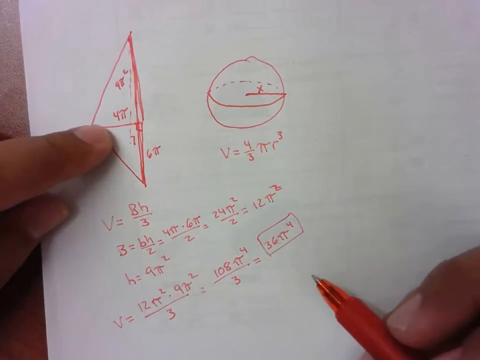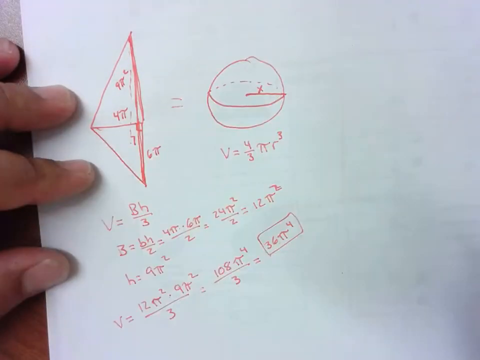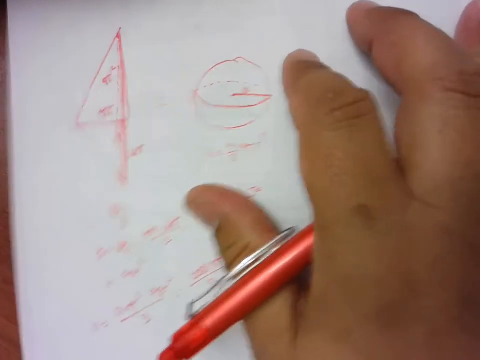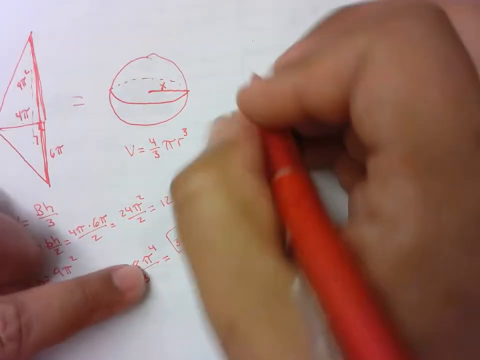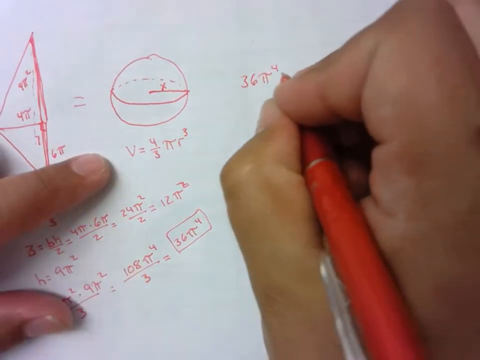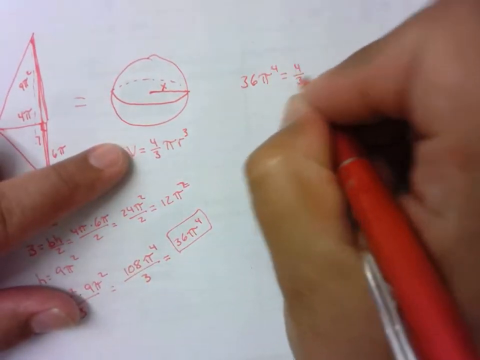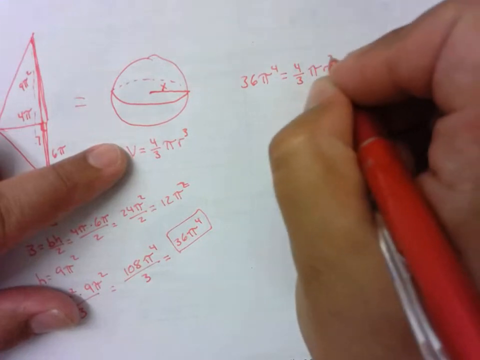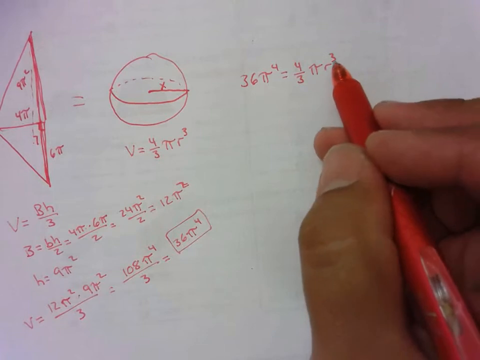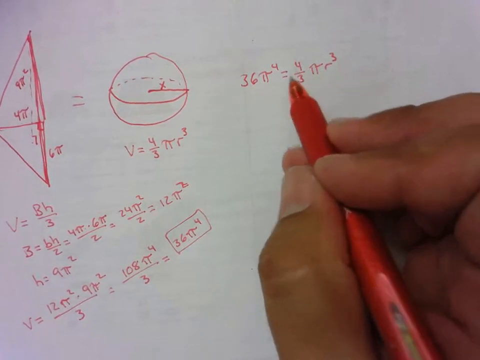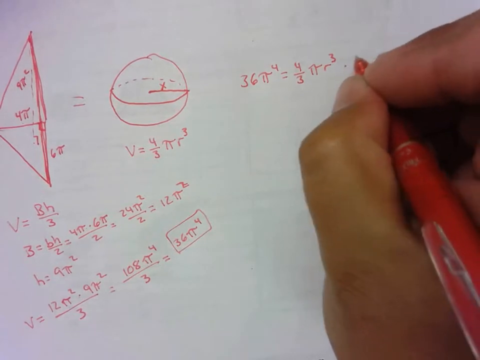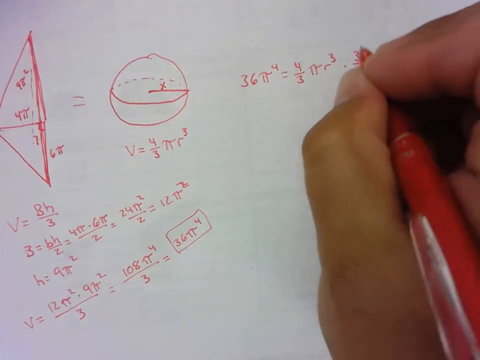The volume of the triangular pyramid is equal to the volume of the sphere. So therefore, 36π to the 4th is equal to 4/3 π r cubed. We got to get r by itself. Before we can worry about this cubed, we need to move this stuff. In order to move a fraction, you just multiply by the reciprocal.